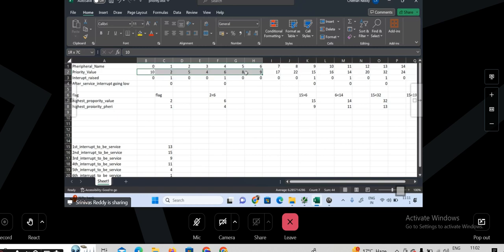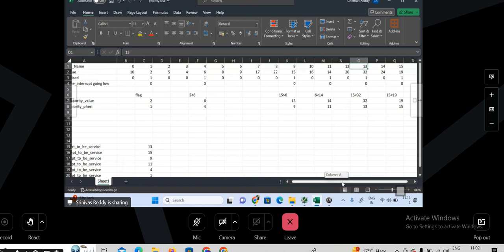2. Now, what I'm doing here? Highest priority peripheral is nothing but 1. In this case, this highest priority value, I'm assigning to the highest priority. Now that is nothing but 1.